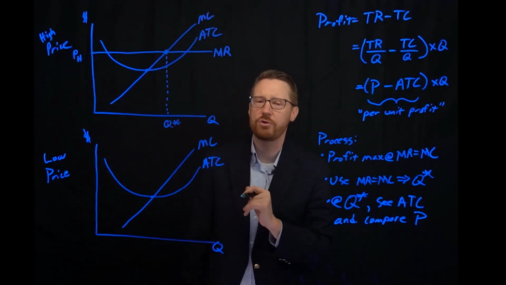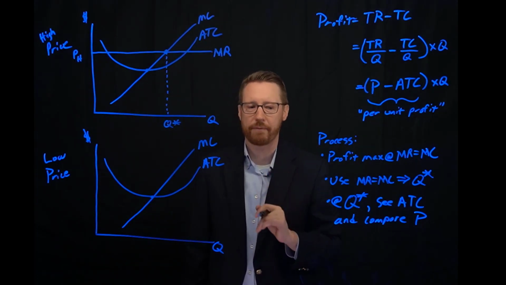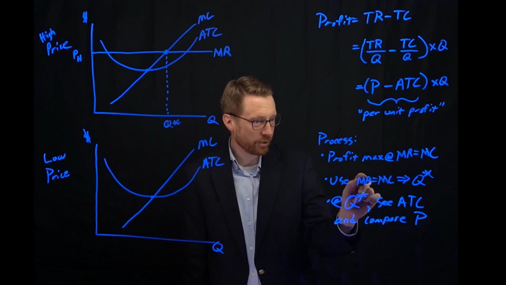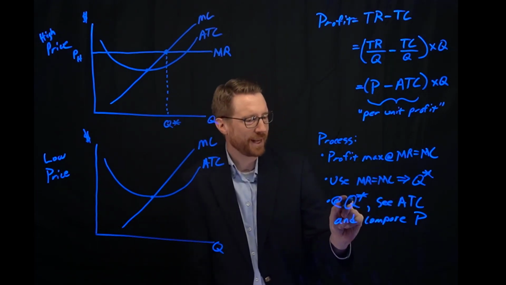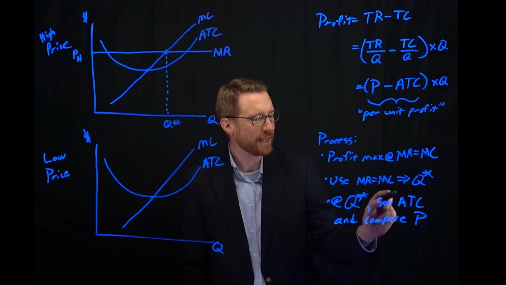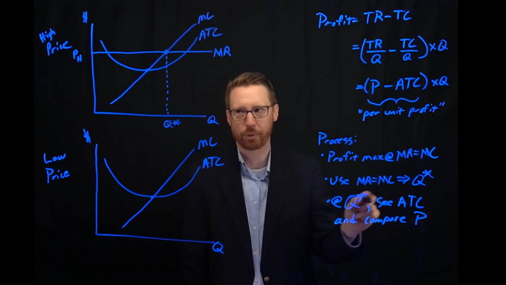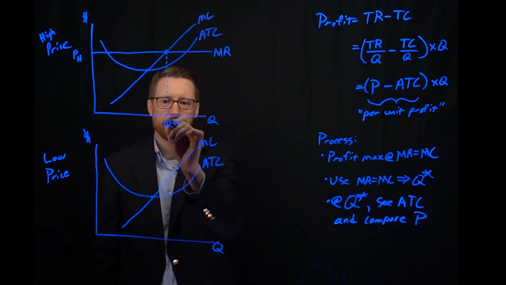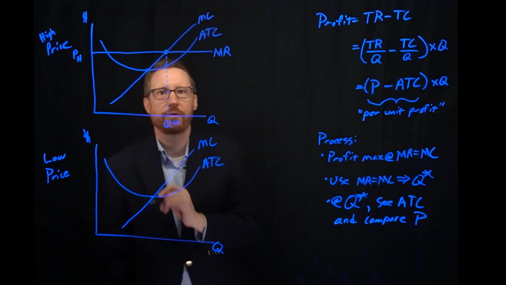So at Q star, is this firm making a profit or not? What was our next step? We said we use marginal revenue equals marginal cost to find Q star. We've done that. Then at Q star, we see how average total cost compares to price. So we see average total cost at Q star, there's our average total cost for it.